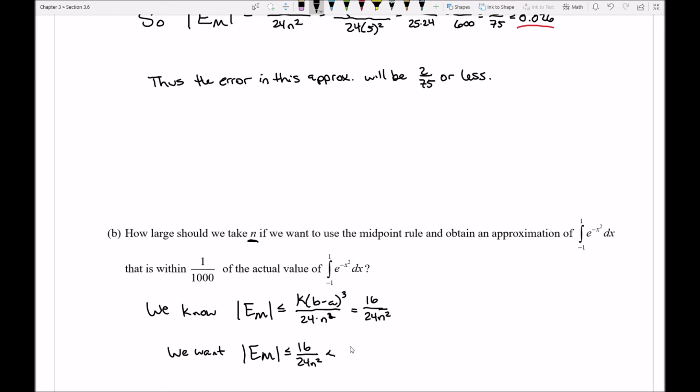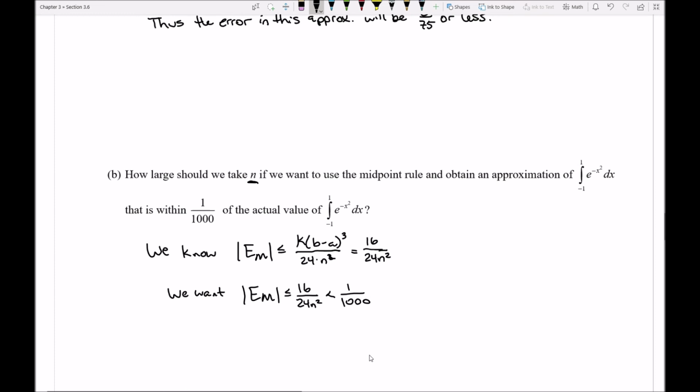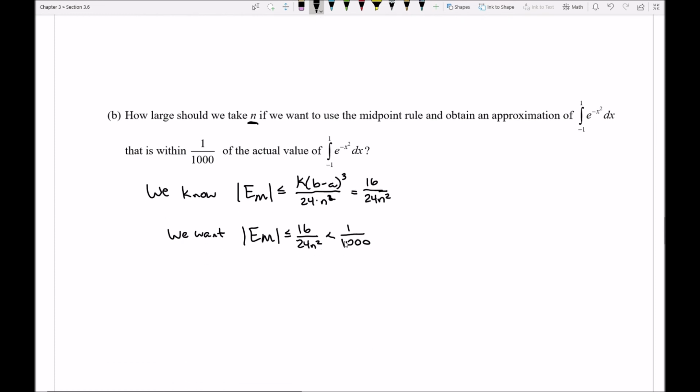If we could make this less than 1/1000, we would be good to go. Because if this is true, and notice I'm going to mark this with a question mark because I don't know if that's always true, but if that part's true, then certainly this will be smaller than 1/1000th. Well, to figure out if that's actually the case, let's go ahead and solve this inequality.